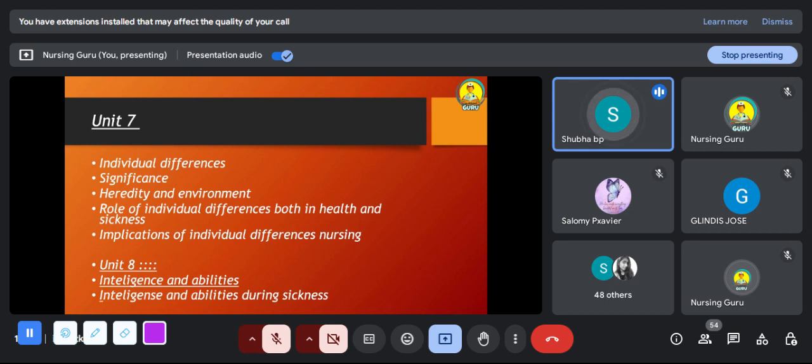For long essay, they will ask define intelligence and characteristics, factors affecting, and what are the abilities. So give more importance to studying the intelligence topic from unit 8. And intelligence and abilities, and next one is intelligence and abilities during sickness.